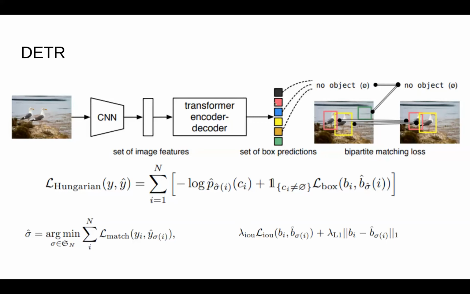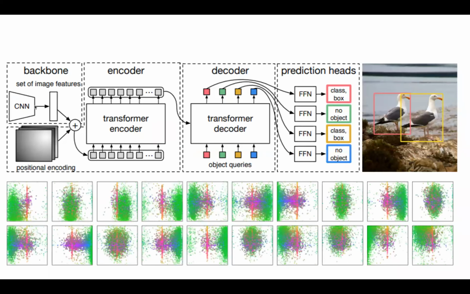So what I've done till now is just talk about the loss function. We haven't really gone into the network. Let's go into the network now. From the CNN, you'll get this set of image features, and what they actually look like is you'll get some M channels of height, comma, width, right?